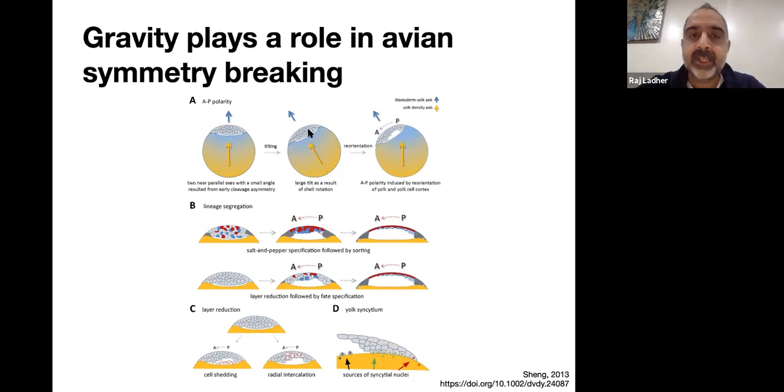This tilt, for example, at this stage causes the yolk density axis to shift in comparison to the blastoderm-yolk axis, which then sets up an asymmetry very similar to cortical rotation in the amphibian.